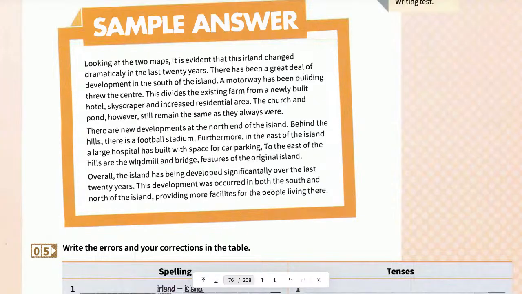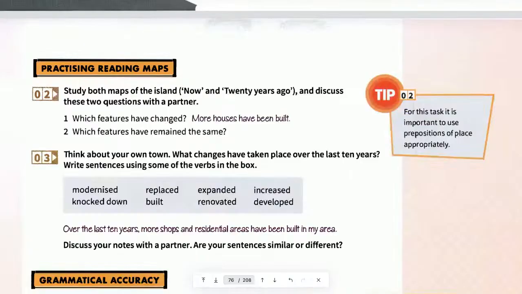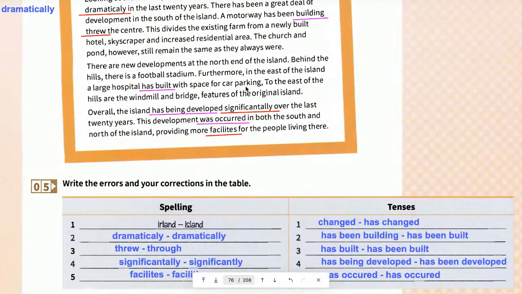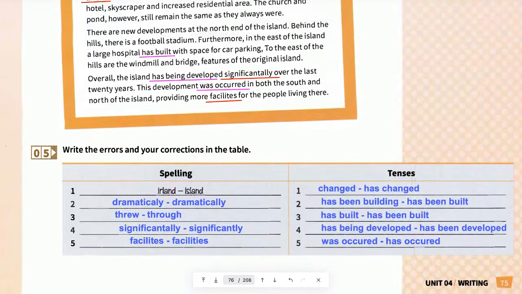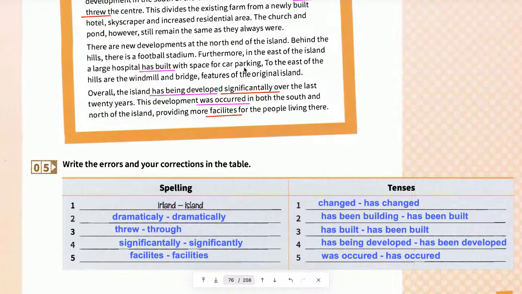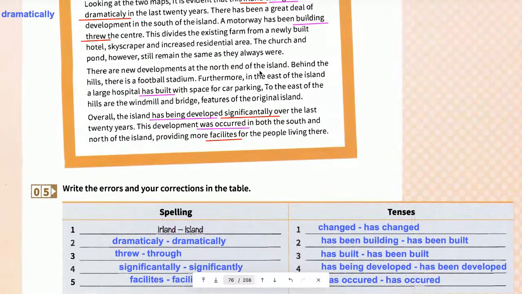Furthermore, in the east of the island, a large hospital has been built with space for car parking. Why do they have a comma there? Why the capital? So that means it's wrong. You have to fix that. Okay?